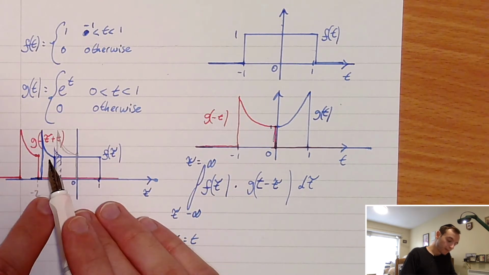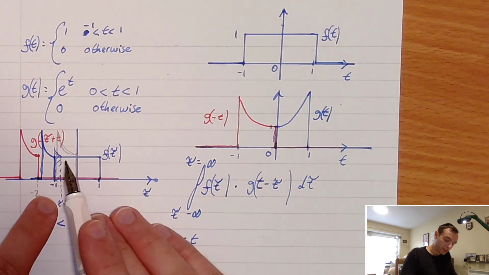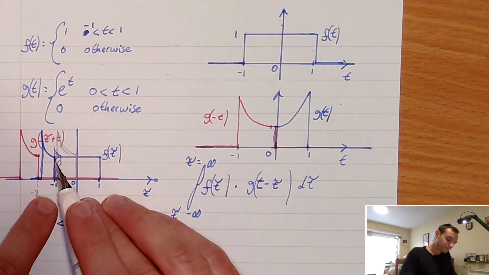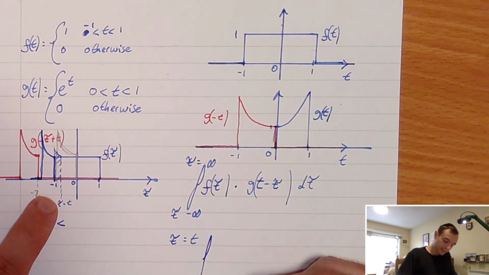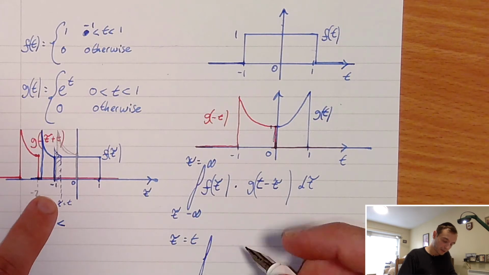Because beyond minus 1, the function f of tau is not going to be 1 anymore, it's going to be 0. Don't worry if you didn't understand that. Please wait for the MATLAB video. It explains it so much better. But let's do the integration and then maybe come back to this afterwards. It really is the most tricky part to understand.